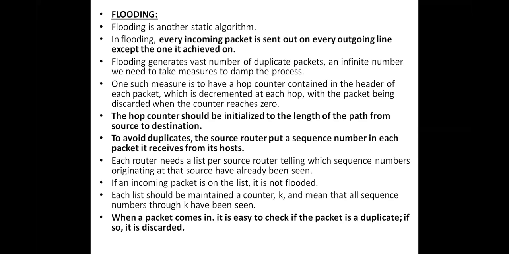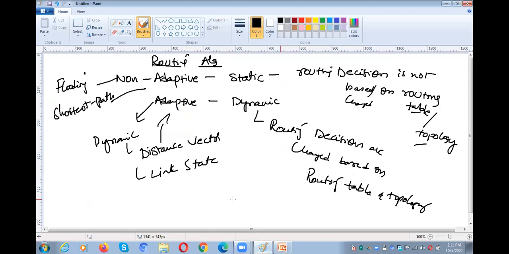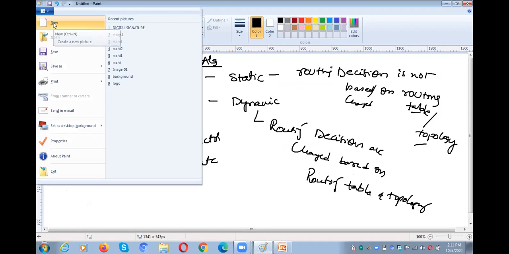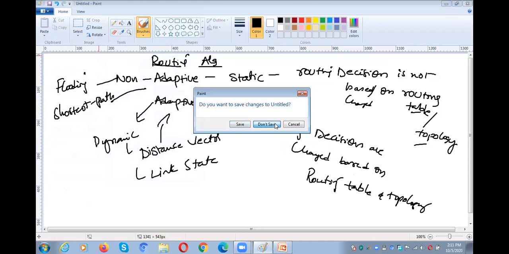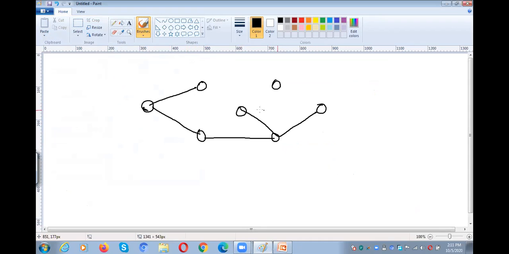Let me explain with the help of Paint. Here, if you observe, this is a node, this is another node, and so on.